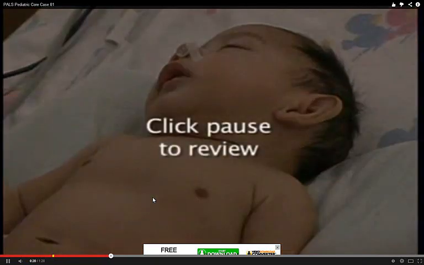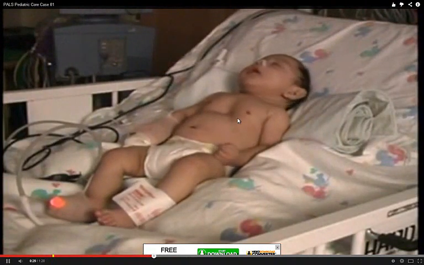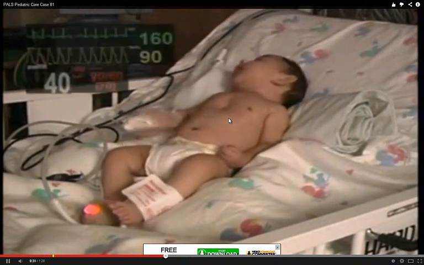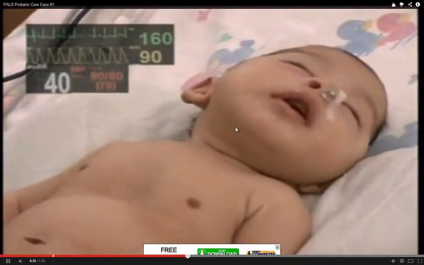Note the severe retractions. This baby is using all their accessory muscles to breathe. Their appearance is abnormal.